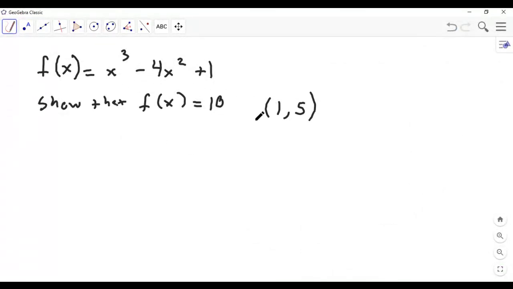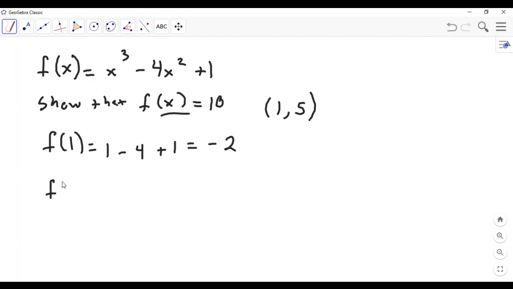Basically, the main strategy for solving problems like these is you don't actually have to find a specific x. Really, you just have to use the intermediate value theorem. And the easiest way to do that is to say, well, what is the left limit? What is this f of 1 equal to? And in our case, it would be 1 cubed, just 1, minus 4 times 1, plus 1. So that is negative 2.